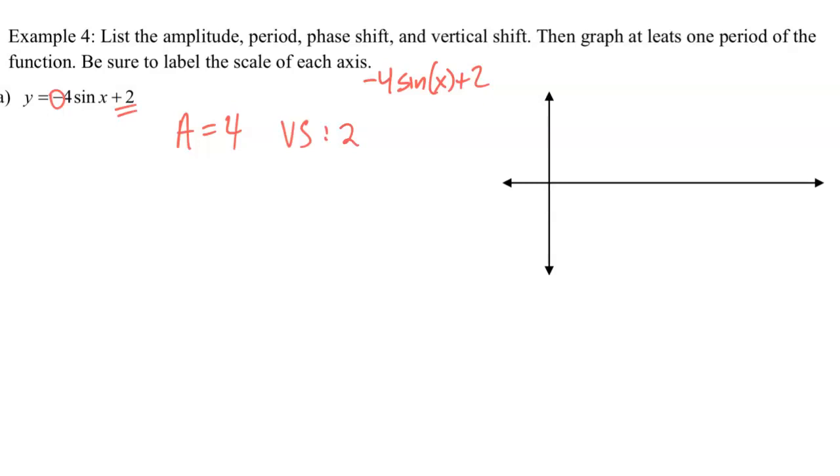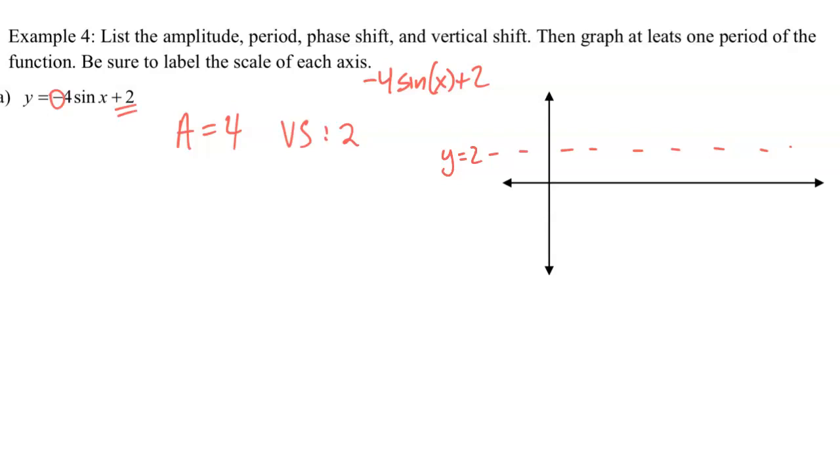And so what that tells me is that my midline is going to be at y is equal to 2. And so I'm going to draw a little dotted line, or dashed line if you will, and call that my midline at y equals 2. Now, if my amplitude is 4, that means the distance from that midline to my maximums has got to be 4. So my midline's at 2.